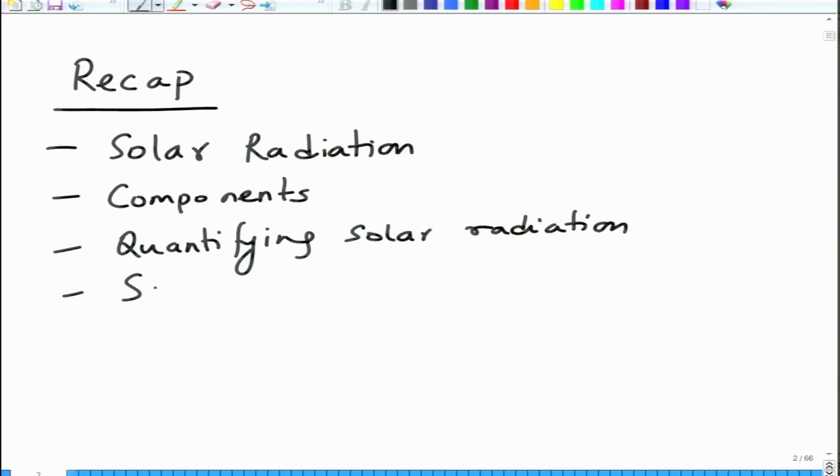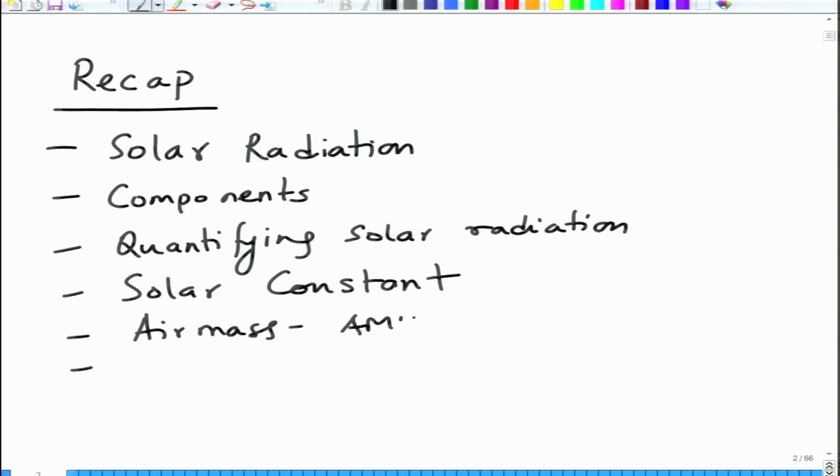So, we define solar constant, basically leading to extraterrestrial radiation falling on the surface of earth, and then we defined air mass, which means whatever energy is coming on the outside, when it reaches earth surface, how much absorption does it go through. Because the sun ray does not always come at zenith, because of the movement of sun, the radiation undergoes different lengths of absorption in the atmosphere. As a result, you need to define air mass.